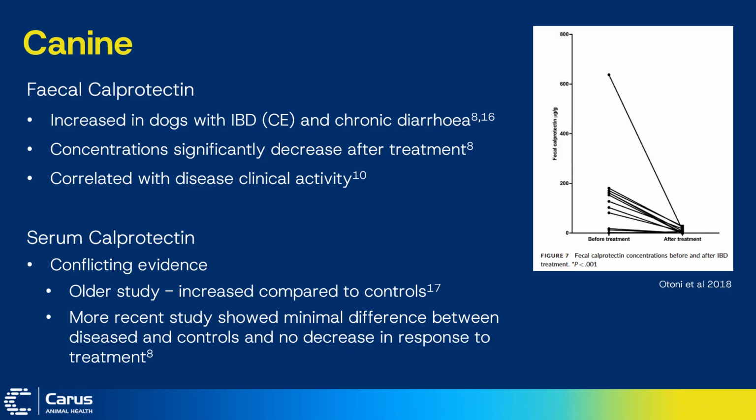I'm going to flip between those two terms depending on what the specific research called it at the time. It's also increased with chronic diarrhea. The concentration is significantly decreased after treatment, as you can see really nice and clearly here on the graph. And it's also been found that it correlates with clinical disease activity.